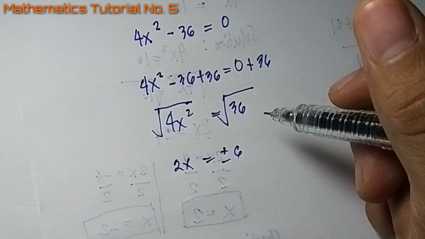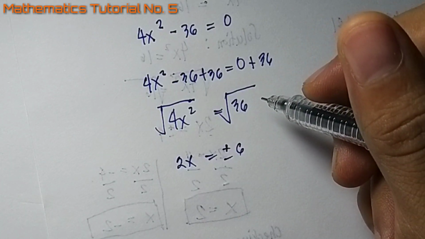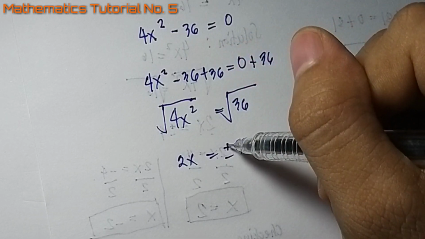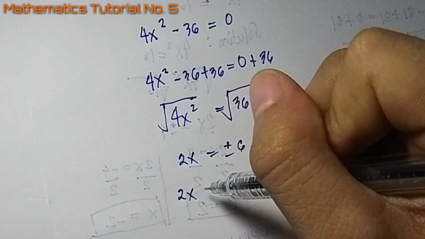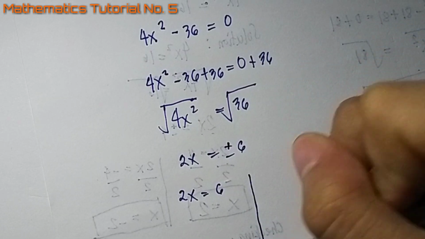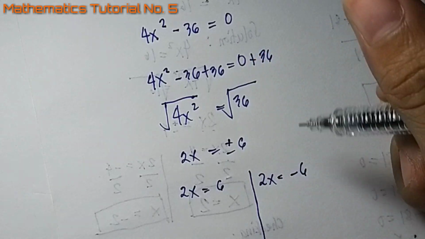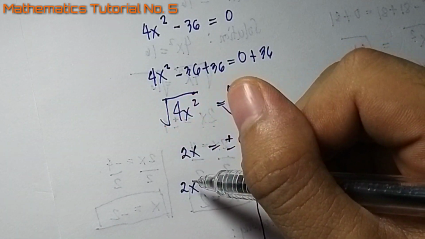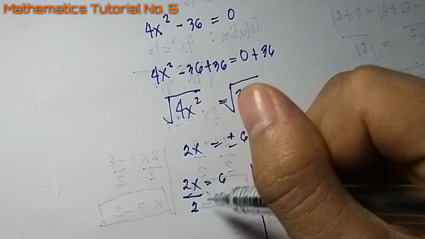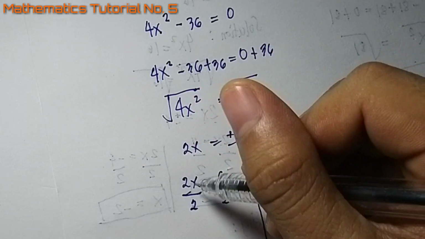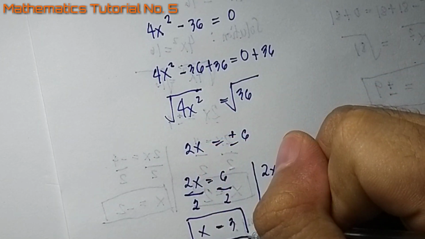Okay. Next, to solve for the roots of this equation, since we have two solutions, it can be positive or negative. We start with positive: 2x equals positive 6. The other one is 2x equals negative 6. We simplify: whatever number is beside our variable, we divide by it. Since it is 2, we divide by 2. So 2x divided by 2 is x, and 6 divided by 2 is 3. So our solution is positive 3.